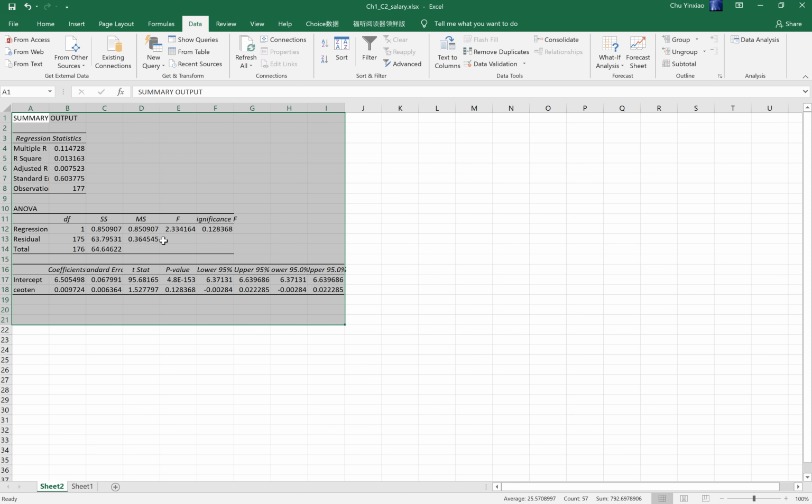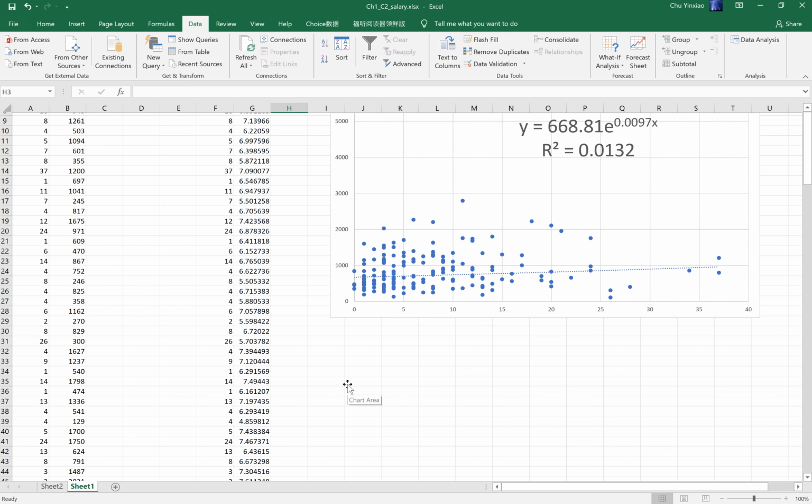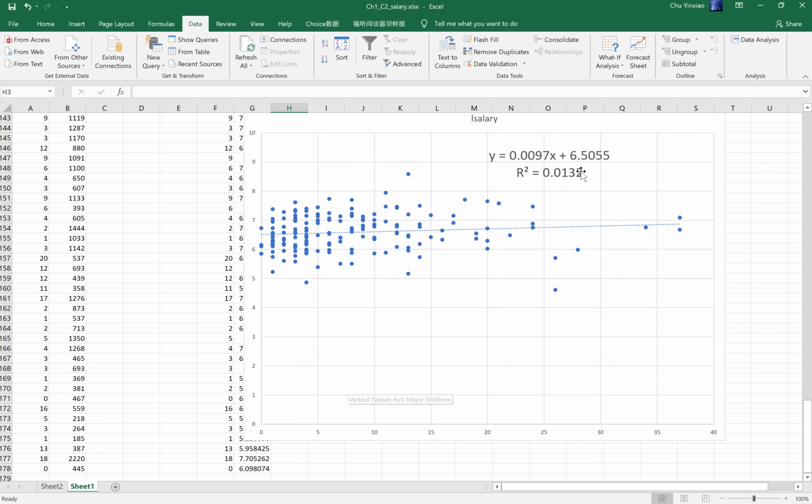Now we get the results. We get the coefficient for CEO tenure to be 0.0097, to 4 digits more precisely, and intercept 6.5. If we go back and check this one, 6.5, right?